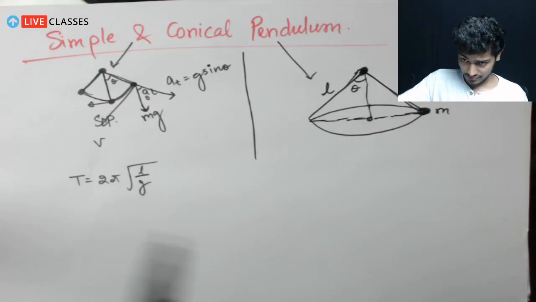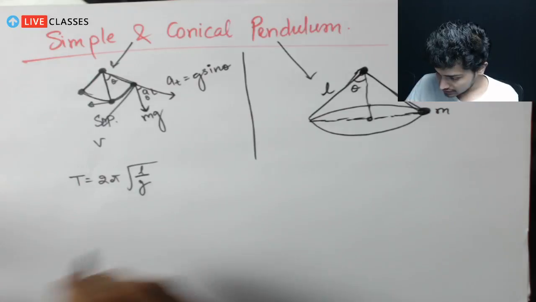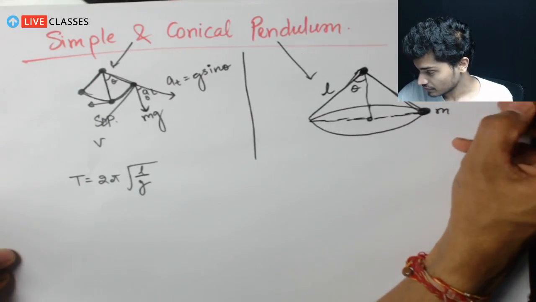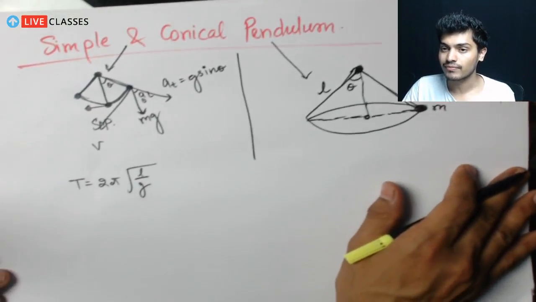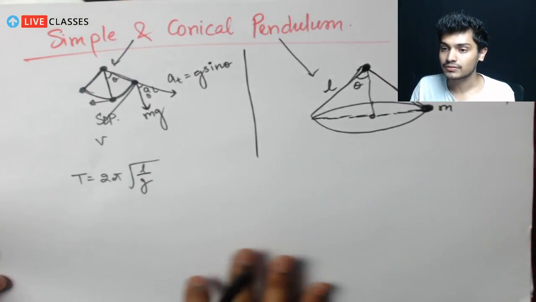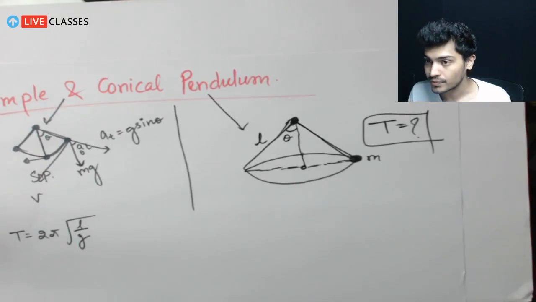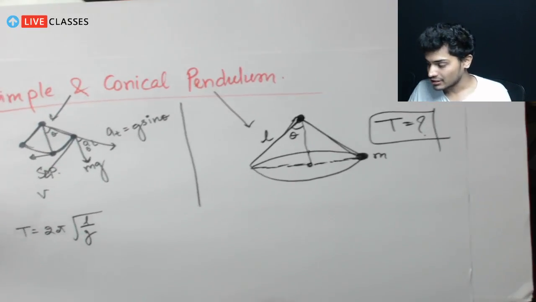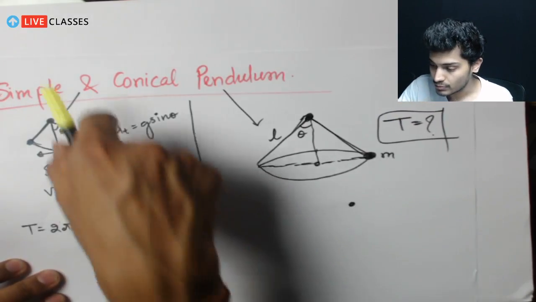It is moving in a conical pendulum, which means it is moving in a horizontal circle, and we have to find the time period of this mass m. So how will we do it? We just have to draw the FBD of this mass m. So how will we proceed here?